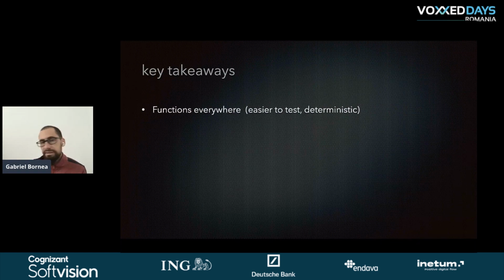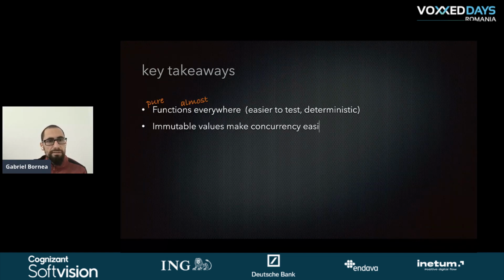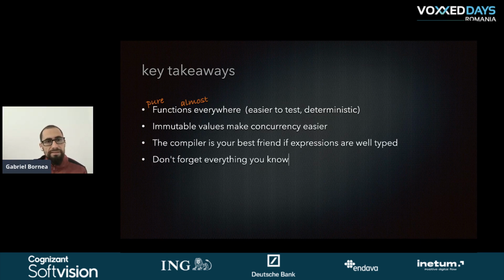So the key takeaways from this talk would be try to use pure functions almost everywhere, because pure functions are deterministic, are a lot easier to test. And yeah, as I've said in the beginning, they remove a lot of the headache we get at runtime.